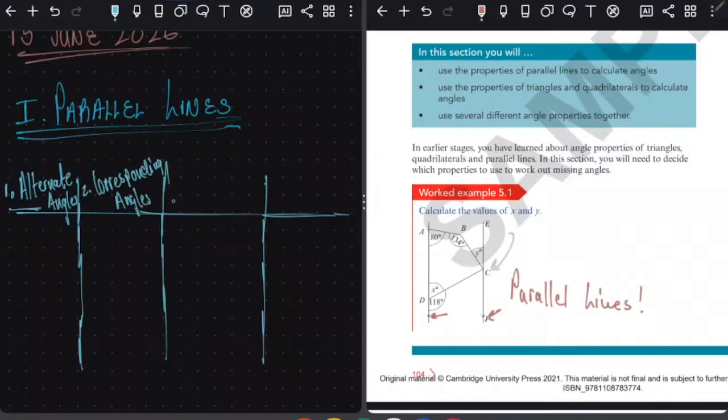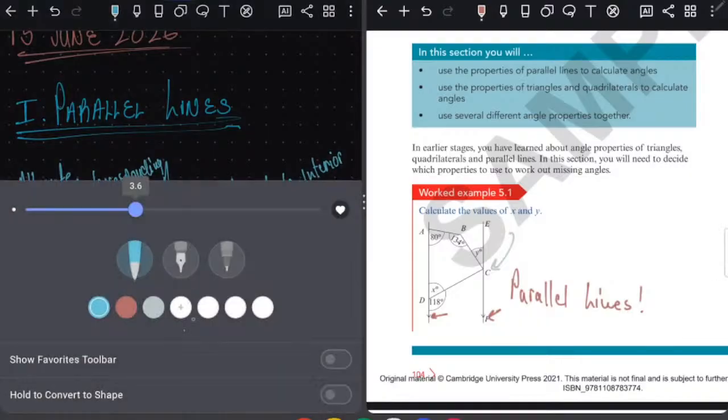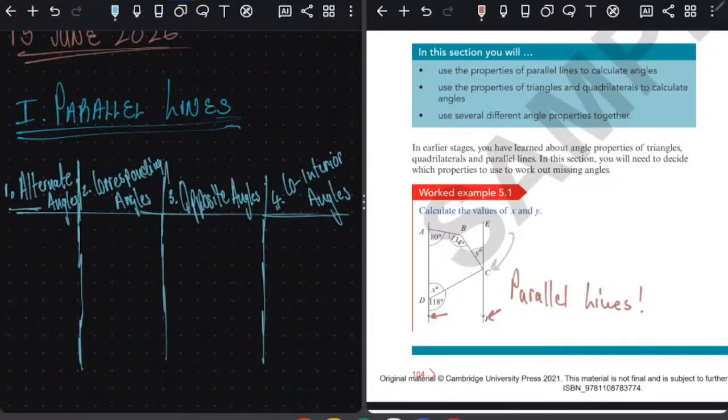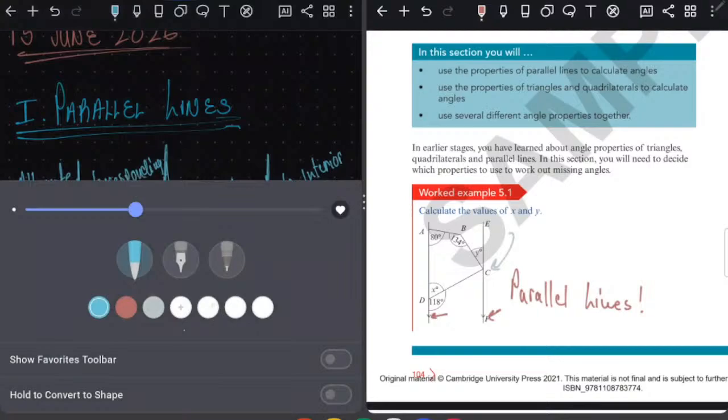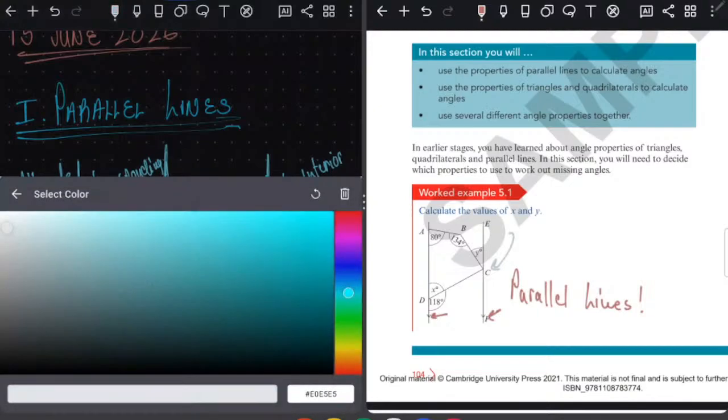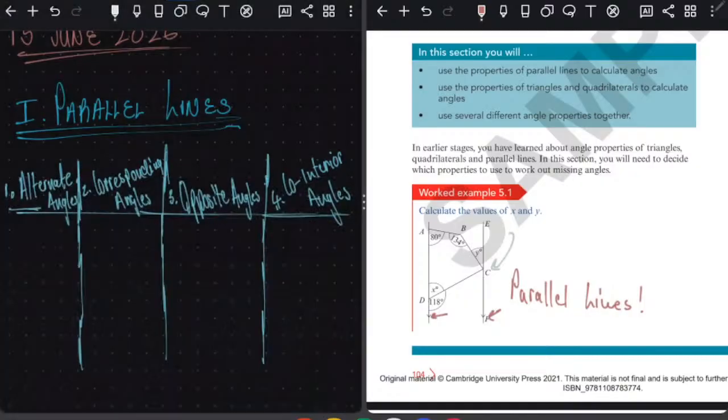Number 3 is opposite angles. Then number 4 is co-interior angles. We should know these types of angles. Guys, where do you see these types of angles? On parallel lines.